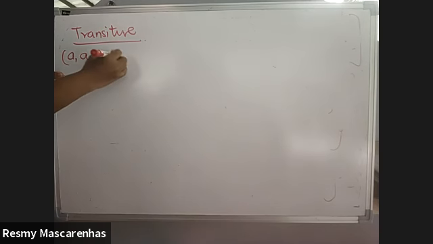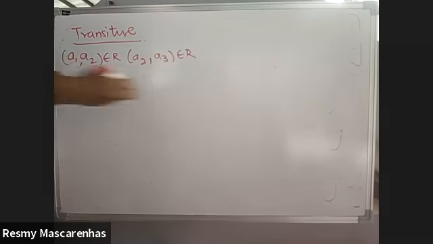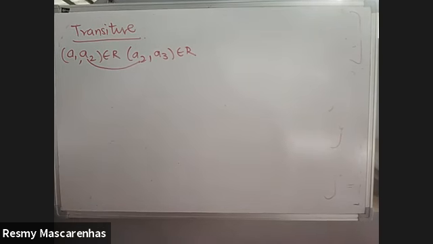The last one, transitive. Transitive condition is what? If A1 comma A2 is there in that set, and A2 comma A3 is also there in that set, if you notice, this and this number should match. These continuous two numbers.